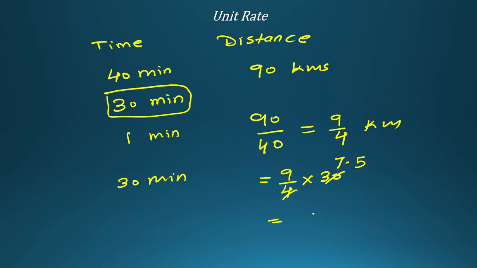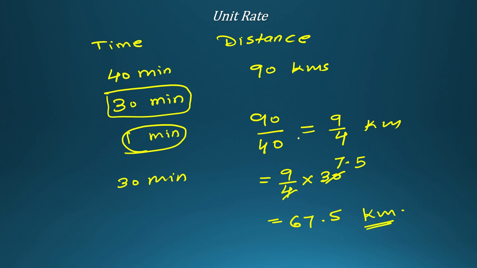Multiply 9 by 7.5: 9 fives are 45, 4 carried forward, 9 sevens are 63, and 4 makes 67.5 kilometers. Like this you can do the question. This is called the unitary method, because we have converted this into a unit rate.